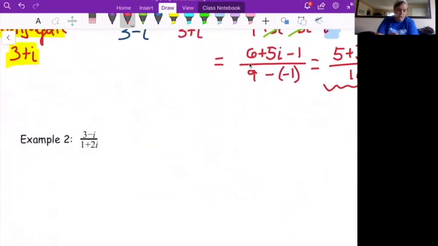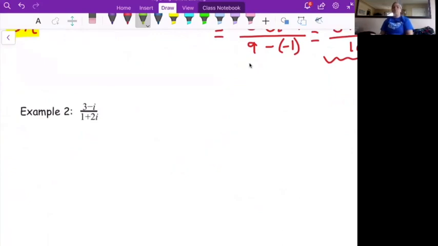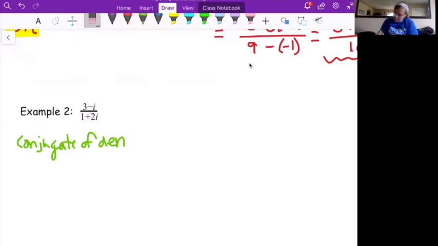So we have 3 minus i divided by 1 plus 2i. So let's first write the conjugate. And so again, we're only concerned about getting the denominator to be a real number. So I want the conjugate of the denominator, which is going to be 1 minus 2i.